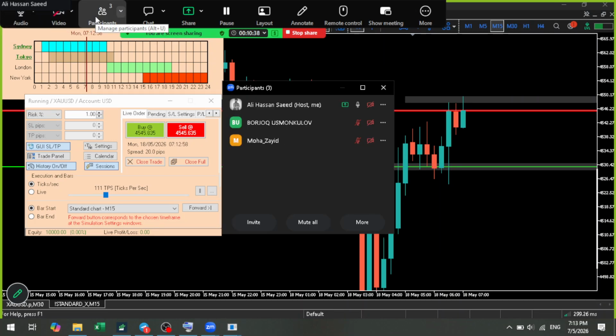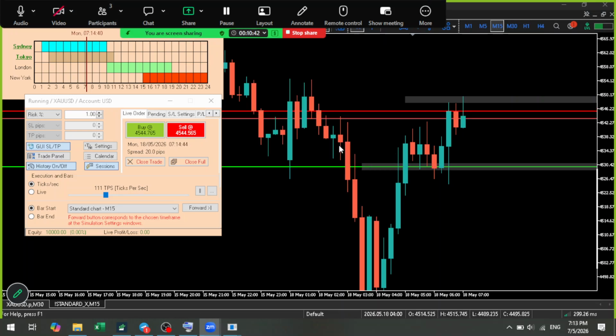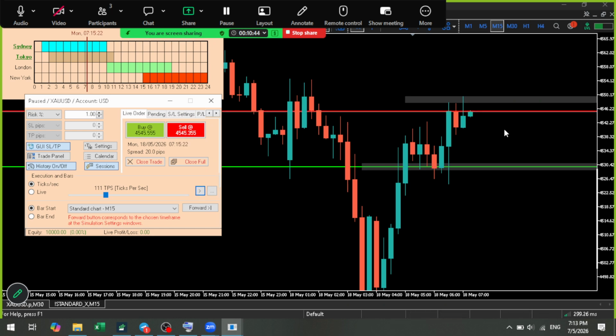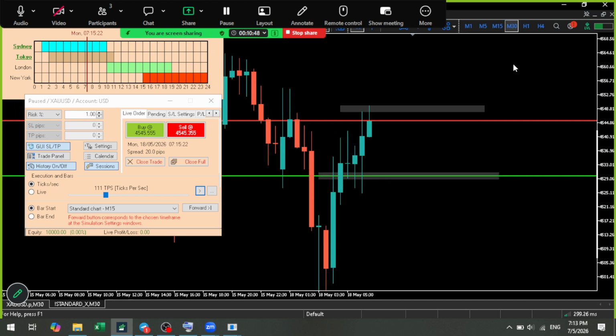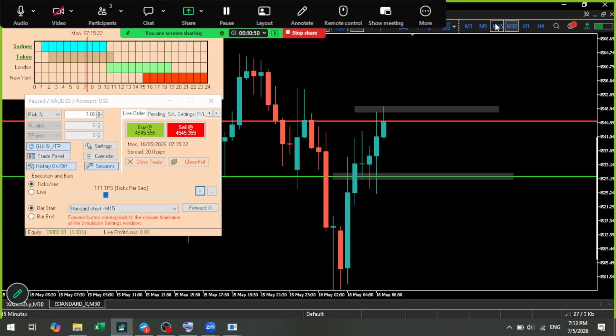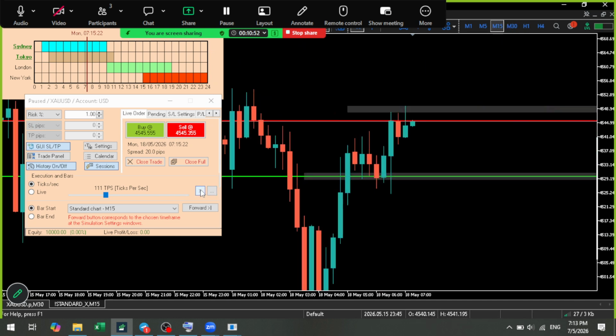The 15-minute just closed. Weak bullish candle, nothing. We are not buying, not selling. Let's see how the next candle proceeds.